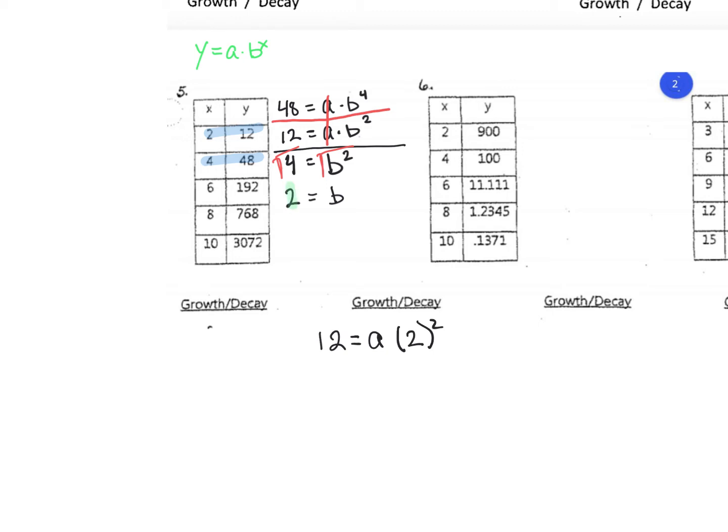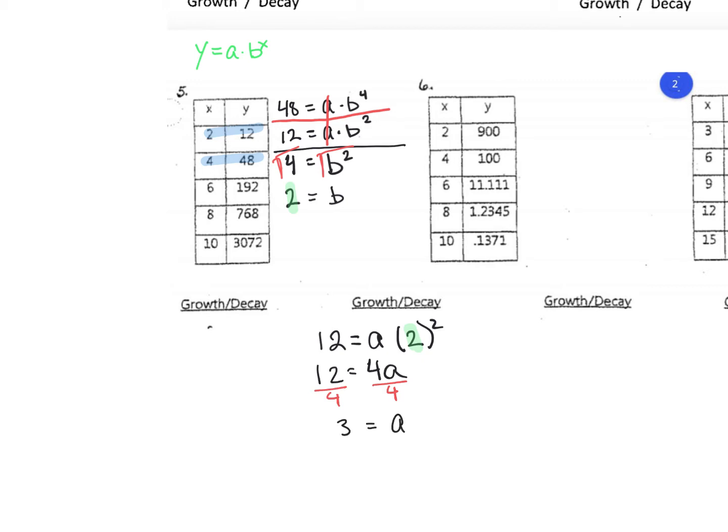Whatever number we find for b, we're going to plug that into our equation here and solve. So we end up with 12 is equal to, 2 squared is 4, so 4a. And to get a by itself, I'm going to divide both sides by 4.